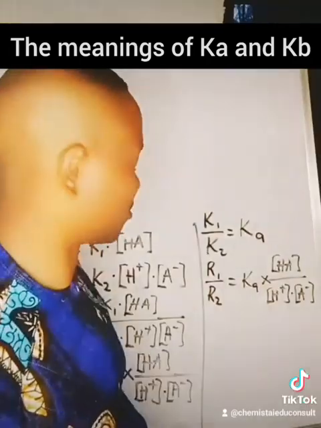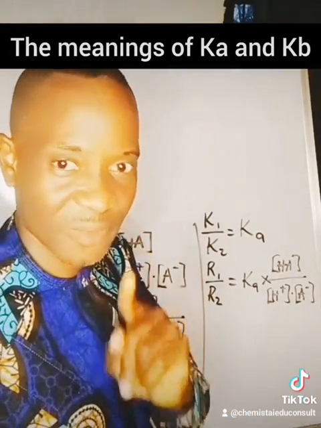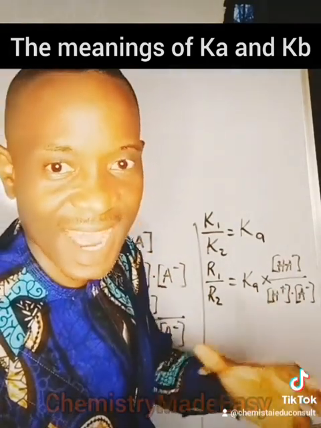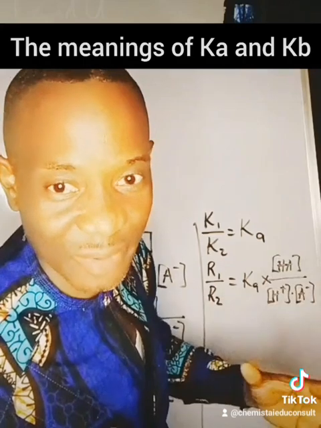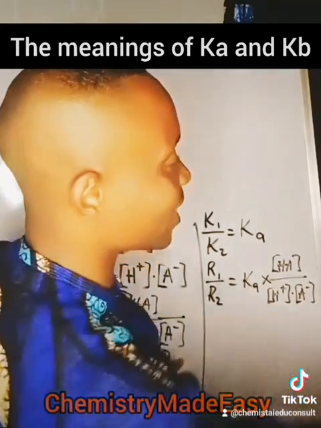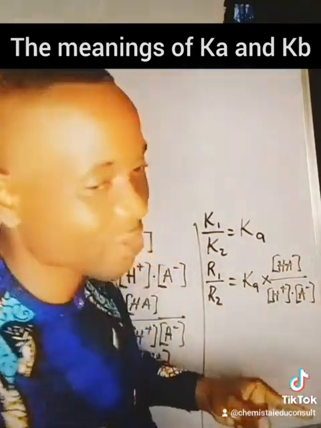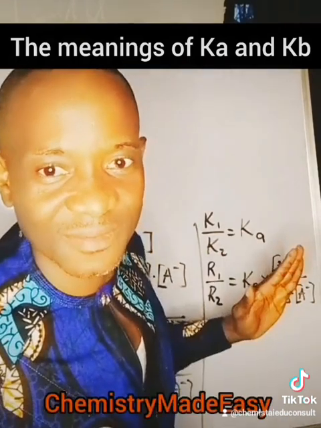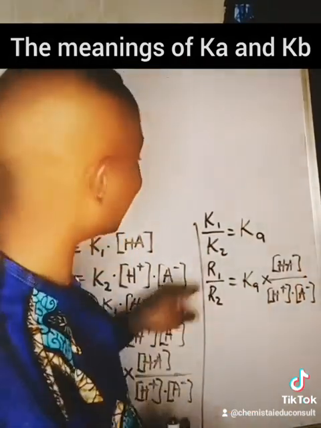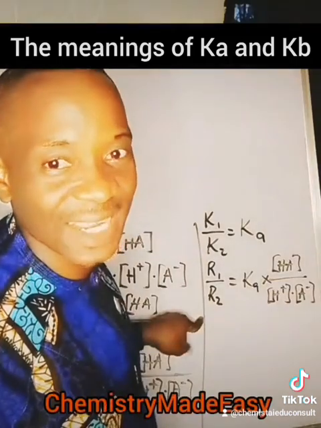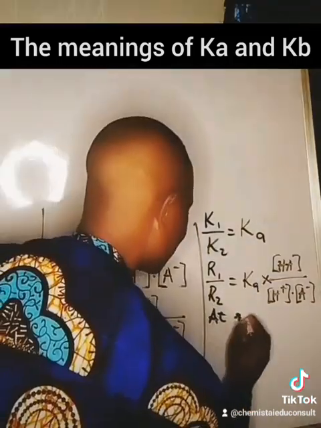At this juncture, you have to remember something. At reaction equilibrium, the rate of forward reaction and the rate of backward reaction are equal. They are the same, which means R1 and R2 are the same thing at equilibrium.